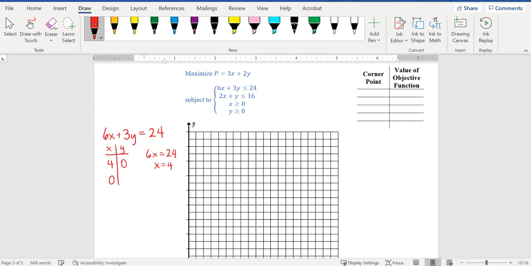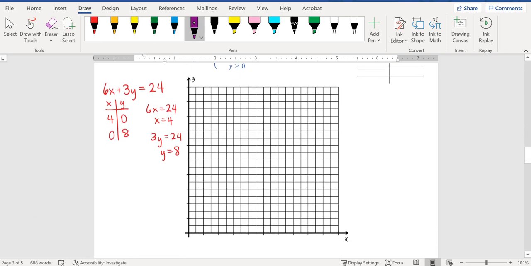And if x is 0, I get 3y equals 24, so y would be 8. For my second inequality, 2x plus y less than or equal to 16, if I wanted to graph that line, if y is 0, 2x equals 16, so x is 8. And if x is 0, I get y equals 16.